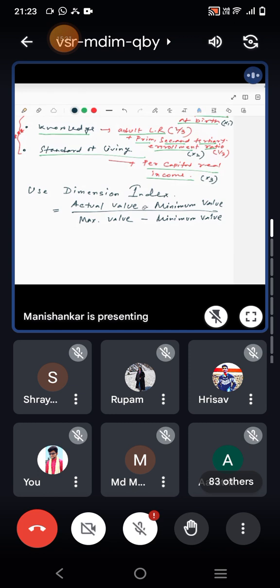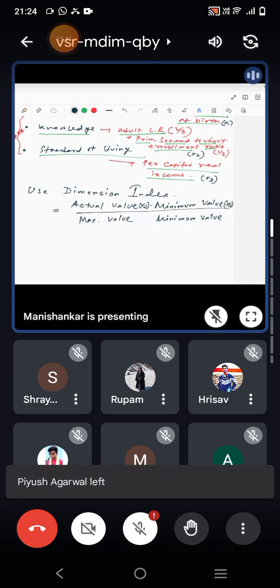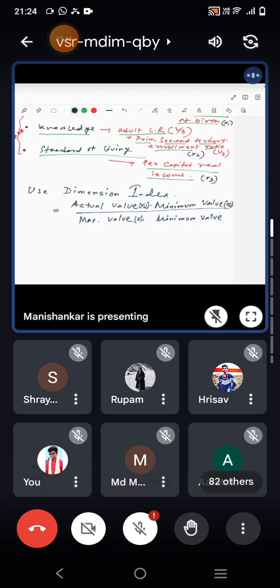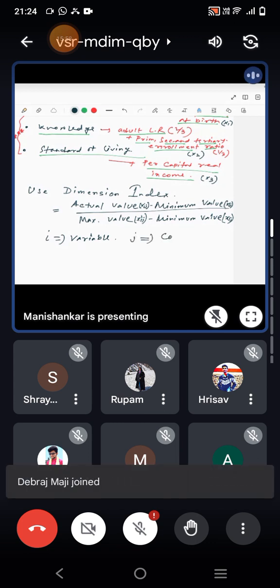You can modify the writing like xij, minimum value of xij, maximum of xij. What is ij? I means your variable, and j implies your country.